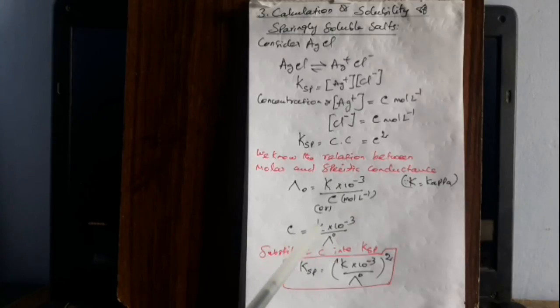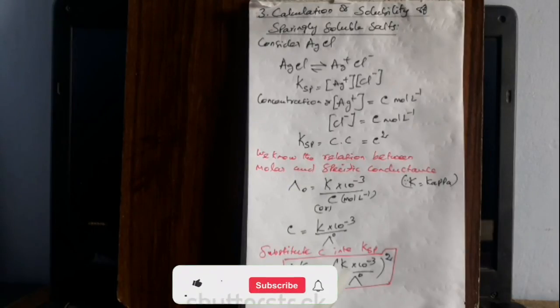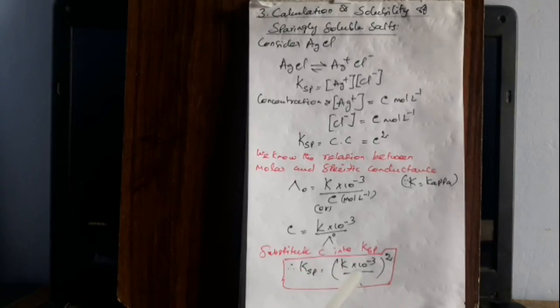So C is equal to kappa into 10 to the power of minus 3 divided by lambda 0. Substitute this C value into the Ksp value. So Ksp is equal to (kappa into 10 to the power of minus 3 divided by lambda 0) whole squared. This is the final relationship.